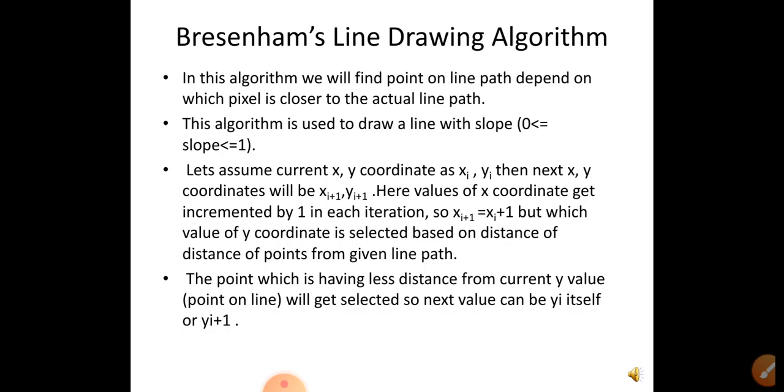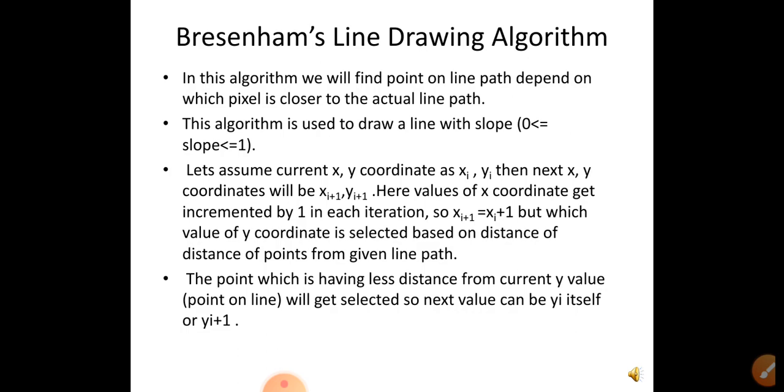Suppose we have an x y coordinate on the given line path, that is xi, yi. So, we have two choices for next pixel: xi plus 1, yi, which are the coordinates of pixel B, and xi plus 1, yi plus 1, which are the coordinates of pixel A. And which pixel to be selected from two choices A and B depends on the distance D1 and D2.